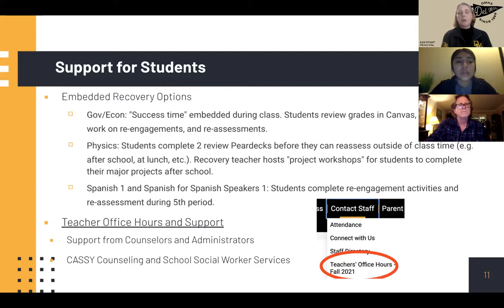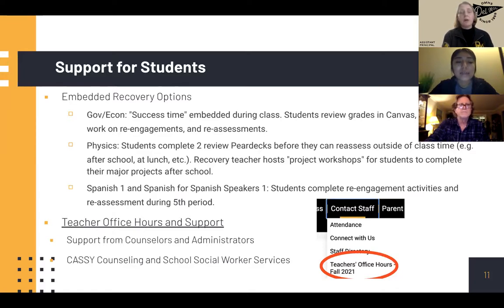This is embedded during class, and it's usually once a week or once every couple weeks, and it is time for students to look at their grades, set some goals, work on re-engagements, and a re-engagement could be redoing an assignment. It could be doing a different assignment that is trying to target the skills that they need to work on, or it could be a reassessment.